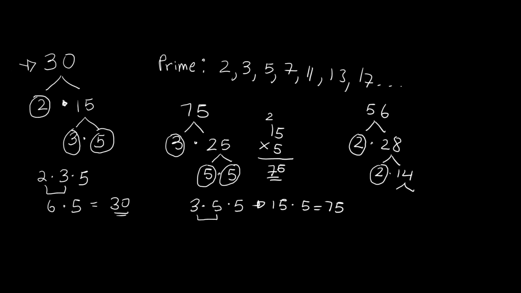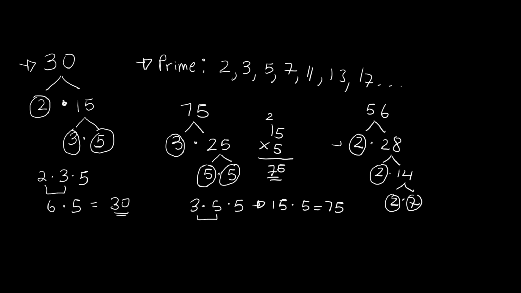It's a prime number, but I can factor 14. 2 and 7, if multiplied, give me 14. As we learned in the beginning of this tutorial, 7 is a prime number, so we stop here.